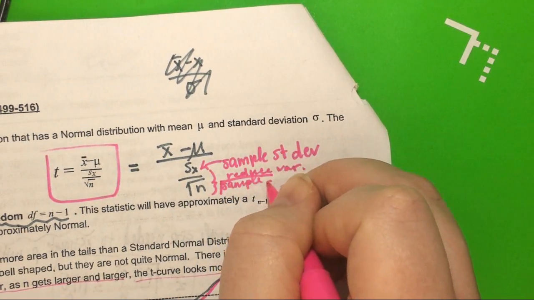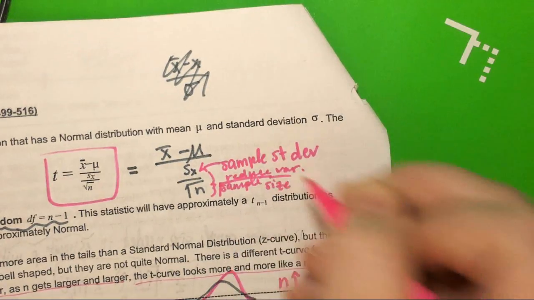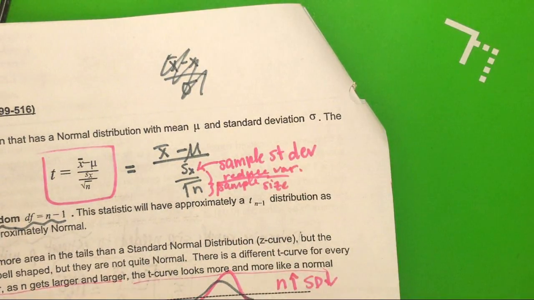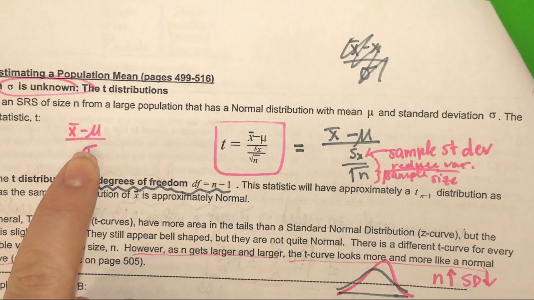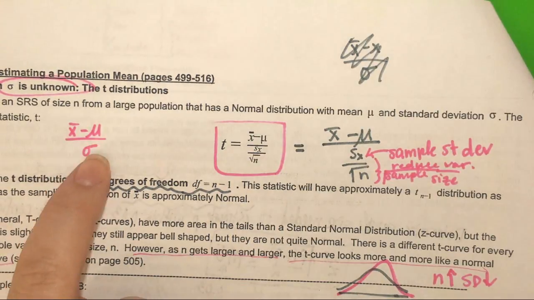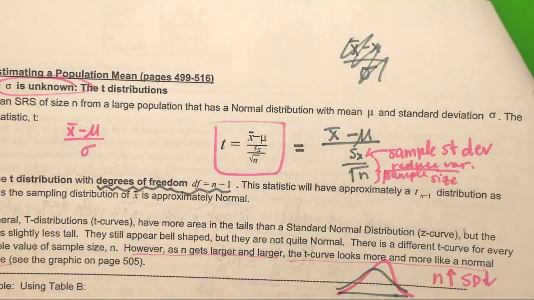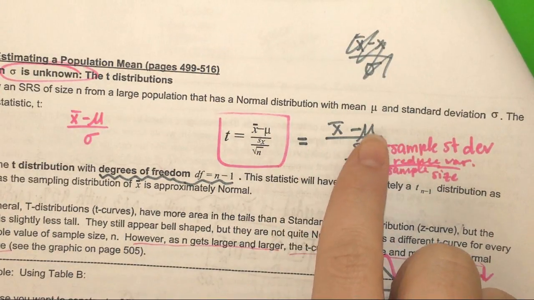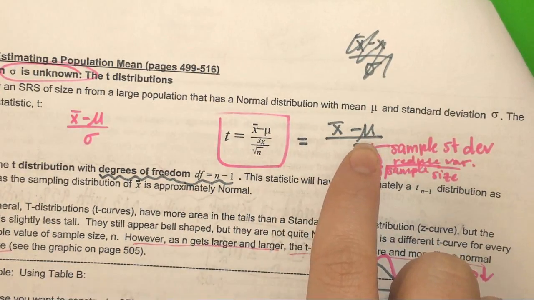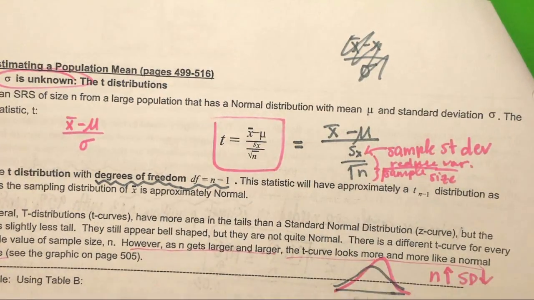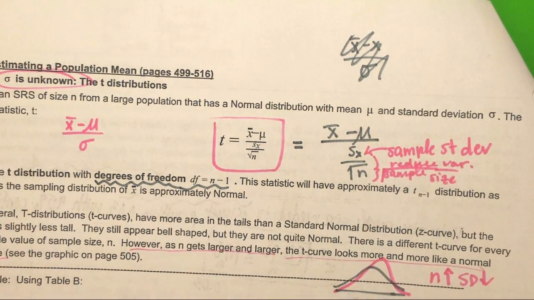You don't have to write all that unless you're just trying to explain it to yourself. It's really not that big of a deal. Again, you've been doing this forever with z-scores. I've seen every single person successfully use this. All we're changing is the fact that we're dividing by the sample standard deviation divided by the square root of n, because we don't know the true standard deviation of the population.